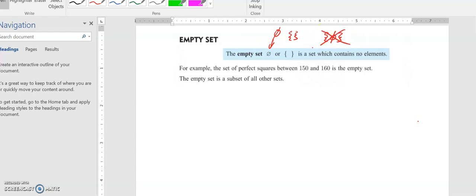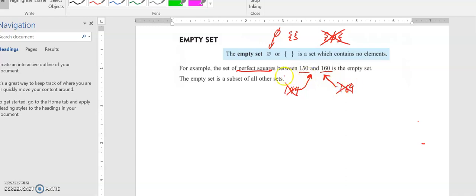That's out, okay? Now, an example of the empty set is, hey, list all the perfect square numbers between 150 and 160. Like, for example, I know 144 is a perfect square because the square root of it is 12. But is that between 150 and 160? No. And I know 169 is a perfect square because it's 13 times itself. But again, that's not between them, right?